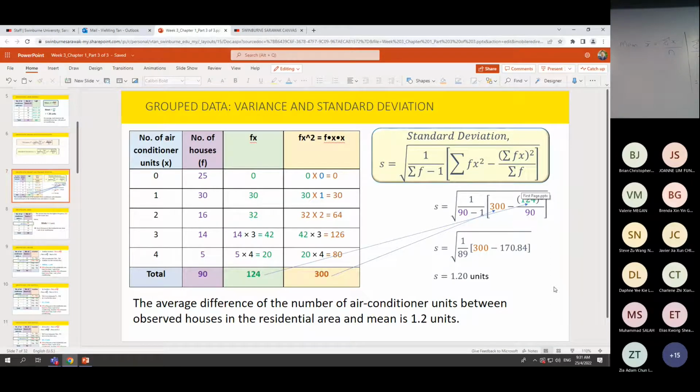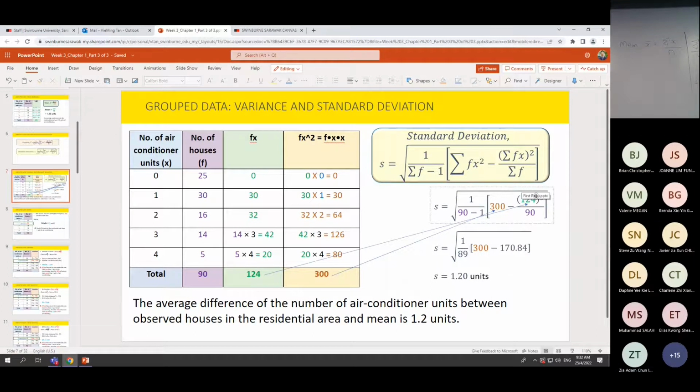Any question on substitution before we simplify this expression? All right, so let's simplify this part. 90 minus 1 is 89. 300, we just let it be there. 124 power 2, and then divided by 90. You may leave the answer in 2 decimal places for this part. One way for you to check the answer is that this part must always be less than total fx squared.